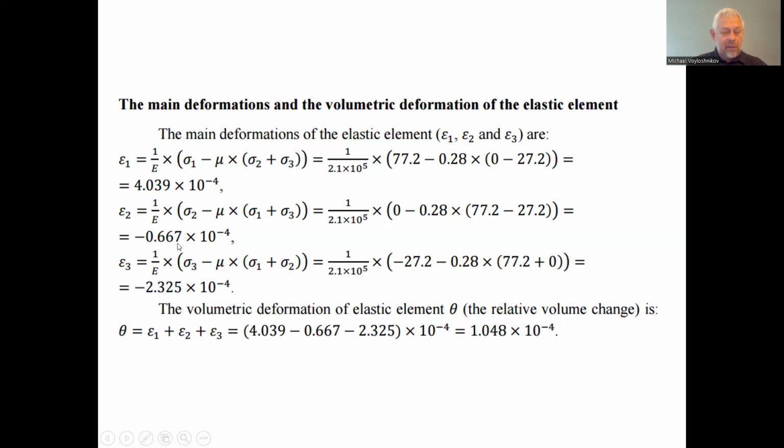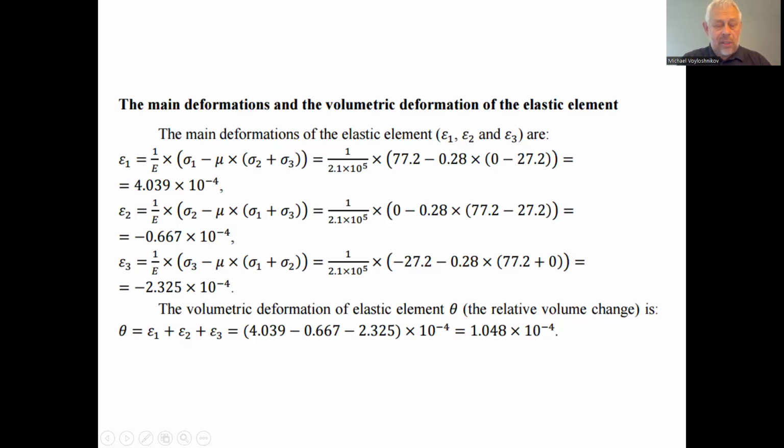This is in the direction perpendicular to the plane of consideration of the flat stress state of the assigned exercise. And the deformation in the third main direction is equal to minus 2.325 multiplied by 10 to the power minus 4.